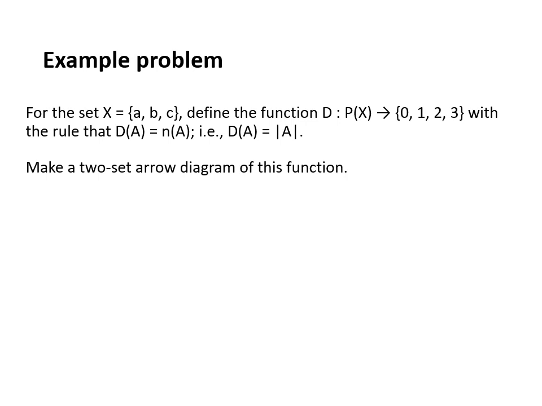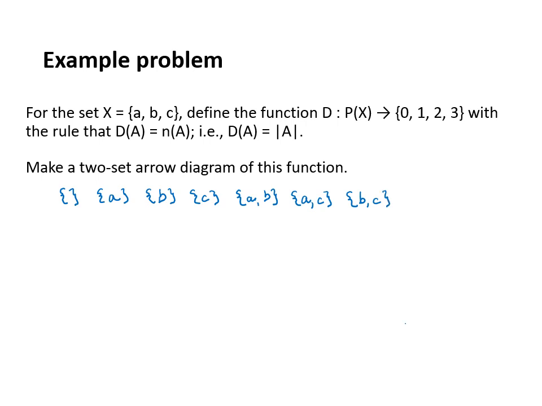So first we have to list all the elements of the domain, meaning this power set. So we have an empty set. We have a set containing just A, containing just B, and containing just C. Then we have all possible sets of pairs. So we have {A, B}, we have {A, C}, and we have {B, C}.